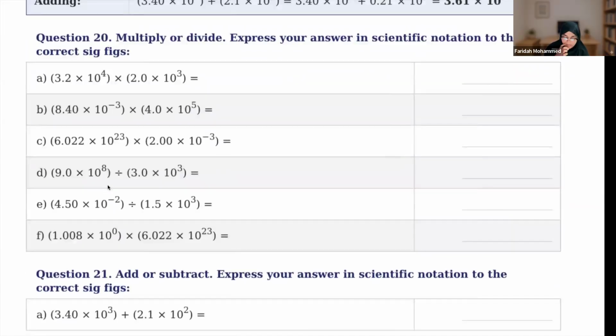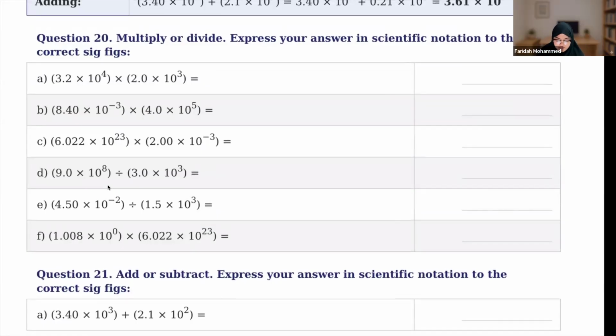Okay. Now, how do you do a multiplication? When you have the same base, for example, this A, how do you do it without a calculator? This and this, you're going to multiply together.